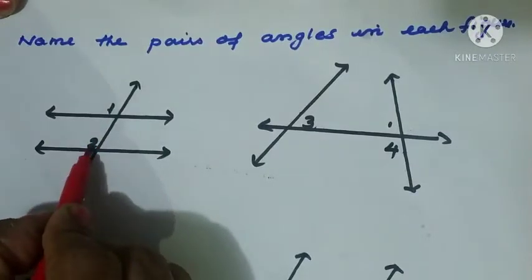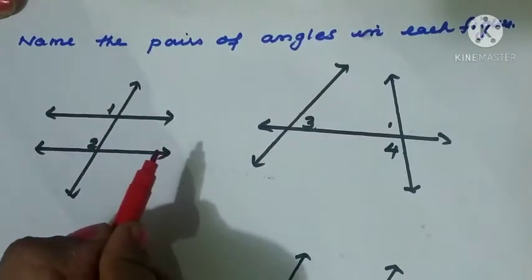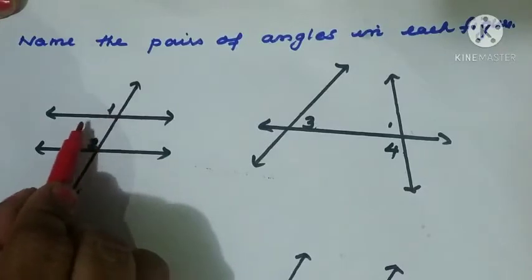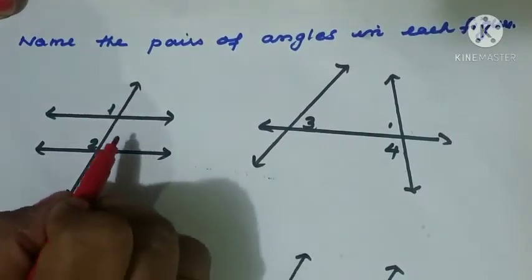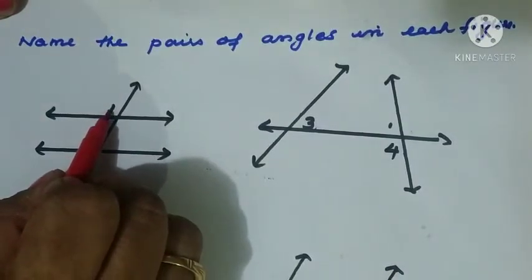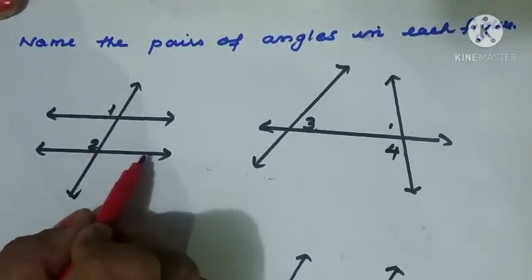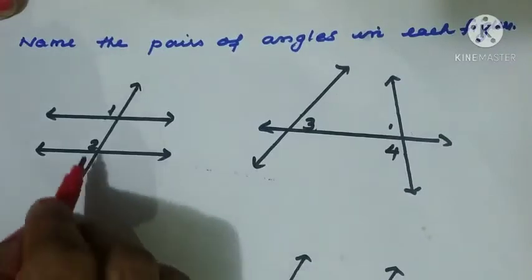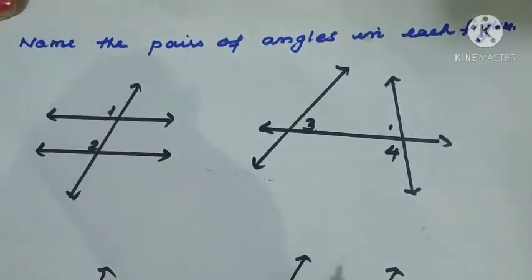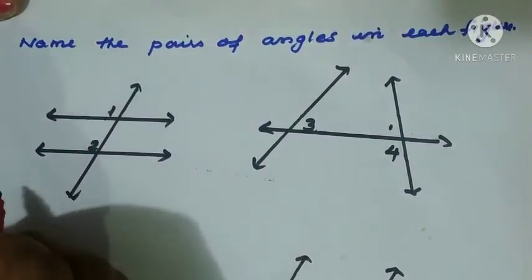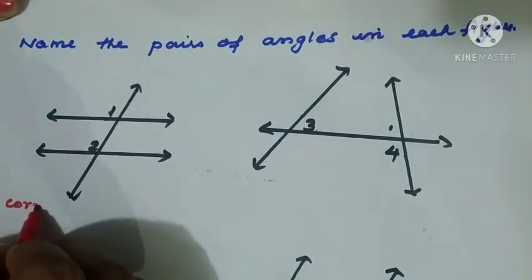And angle 2 is also above the line. Both are on the left side. Or else we can say, where angle 1 lies with respect to the first line, in the same place angle 2 lies with respect to the second line. So what is the name we can give for this pair? It is corresponding angles.